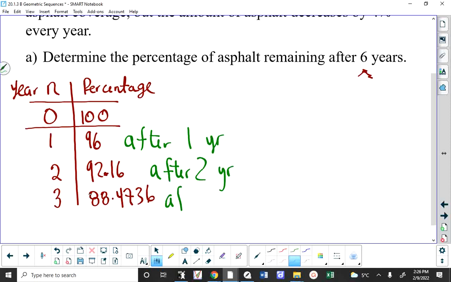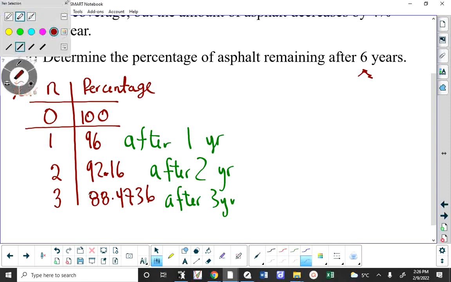This is after 3 years. And the reason I've set it up that way and ignored the line of the 0 and the 100 is because then things match up. After the first year is n equals 1. After the second year is n equals 2. After the third year is n equals 3.